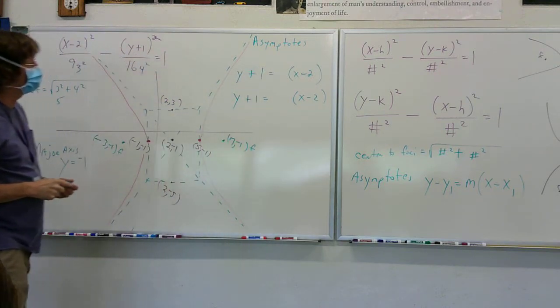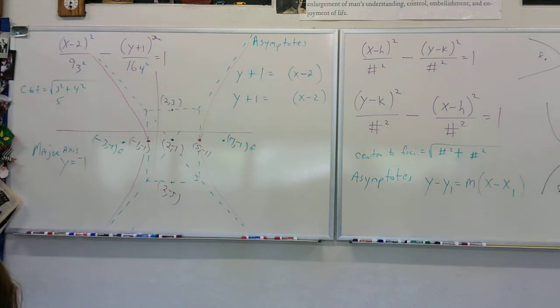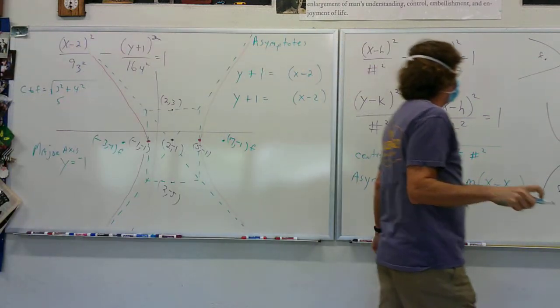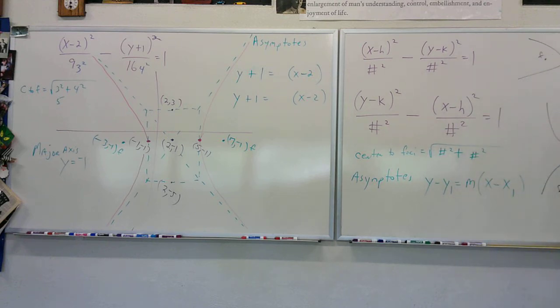All right. Now, let's talk about the slope. When we do slope, Mr. Evans wants you to think of slope as the change in y over the change in x. And we always want the change in x being counted to the right. We never want to do change in x going that way.